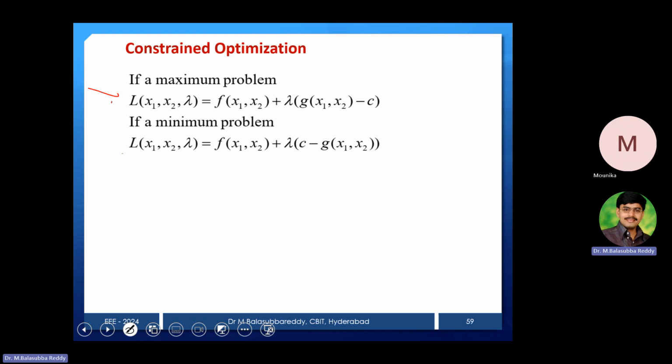Whatever the function is, let us assume two variables. The third variable you can incorporate is the Lagrangian multiplier: x1, x2, and then lambda.